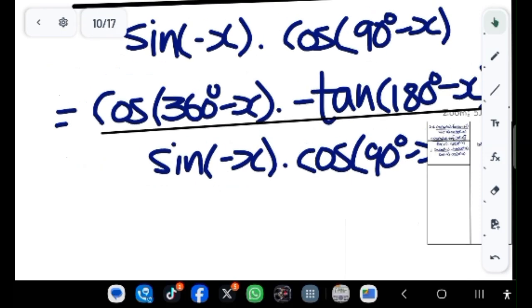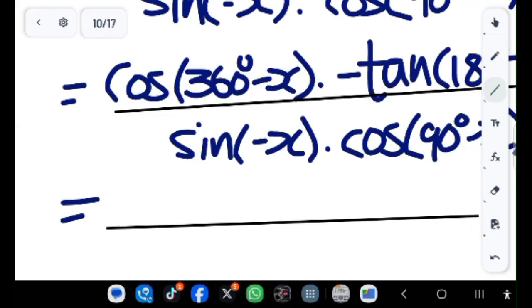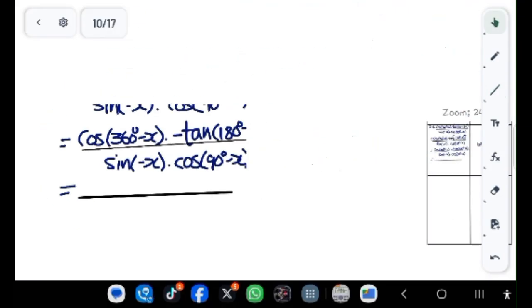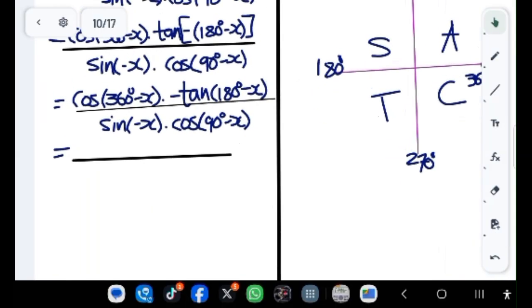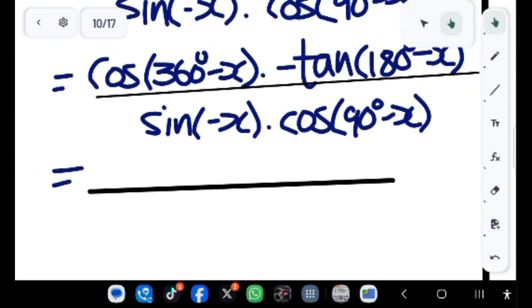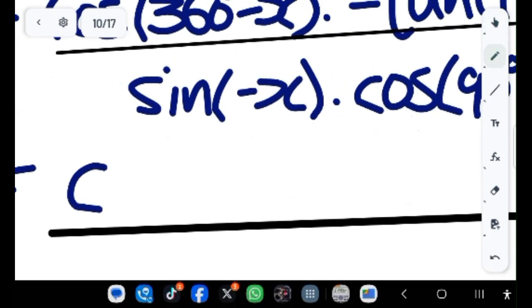Now we can reduce once and for all. 360 minus x is in the fourth quadrant, and cos is positive there, so it will be reduced to cos of x.